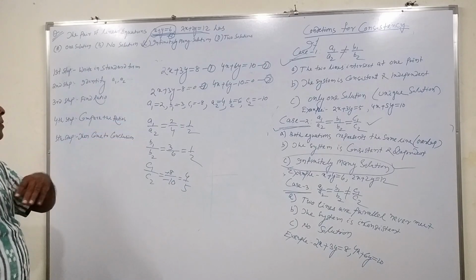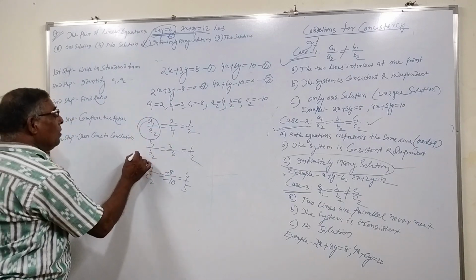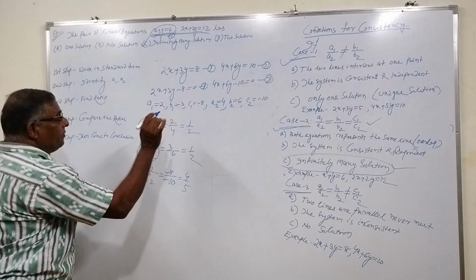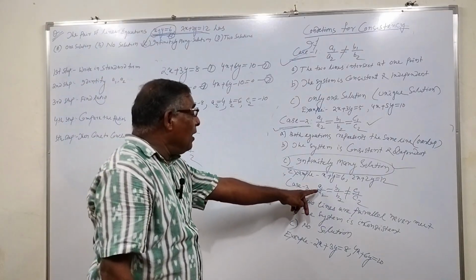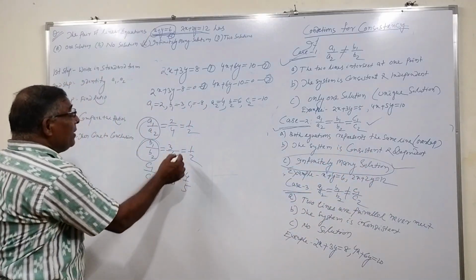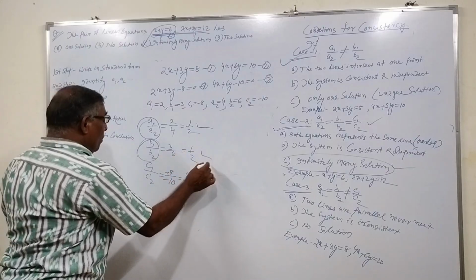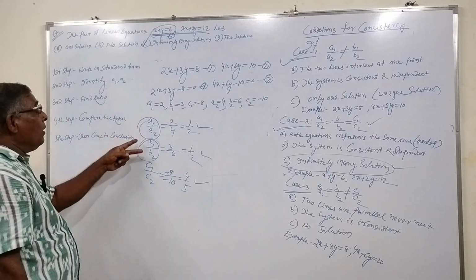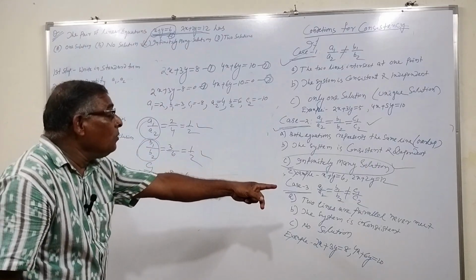From this we know A1 by A2 equals B1 by B2. This is half, this is half. Case 3: A1 by A2 equals B1 by B2 is not equal to C1 by C2. A1 by A2 is half, B1 by B2 is half, but C1 by C2 is 4 by 5.